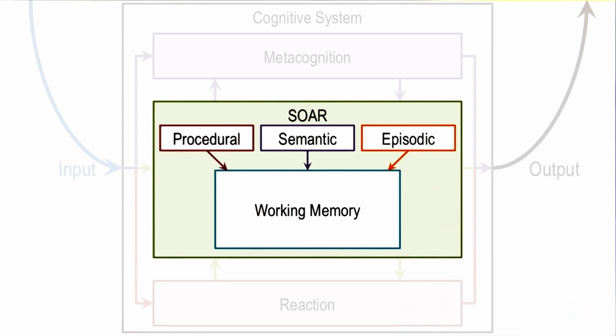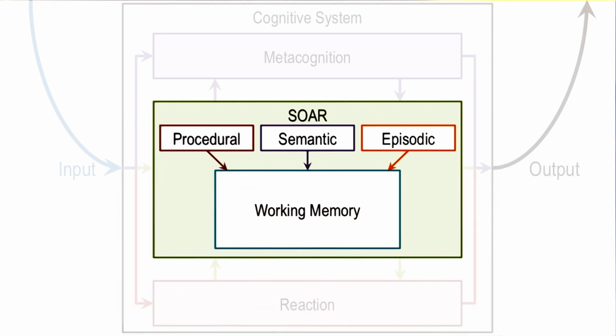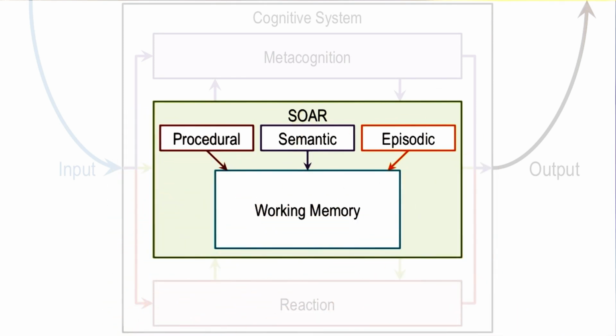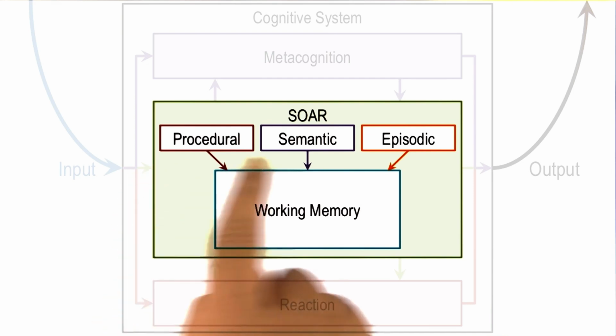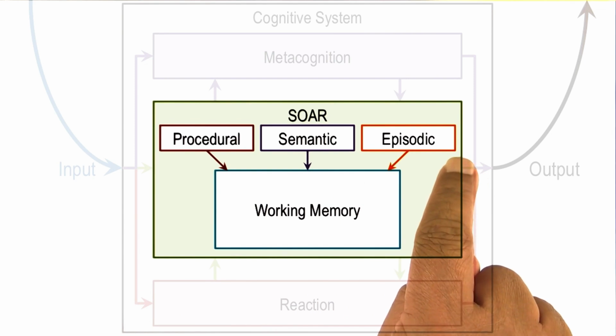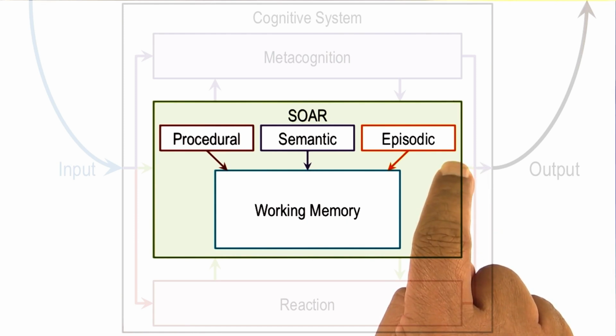At the highest level, SOAR consists of a long-term memory and a working memory. The long-term memory itself contains different kinds of knowledge. In particular, SOAR talks about three kinds of knowledge: procedural, semantic, and episodic. Episodic knowledge has to do with events, specific instances of events, like, what did you have for dinner yesterday?